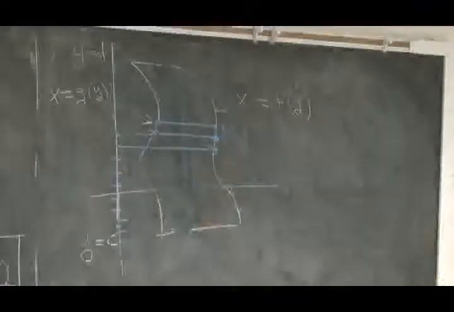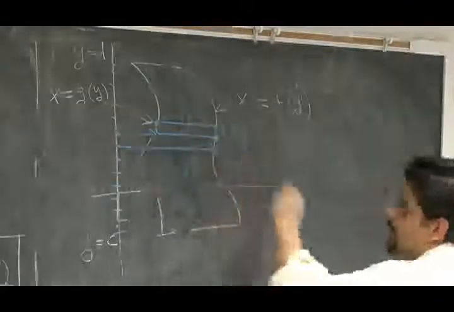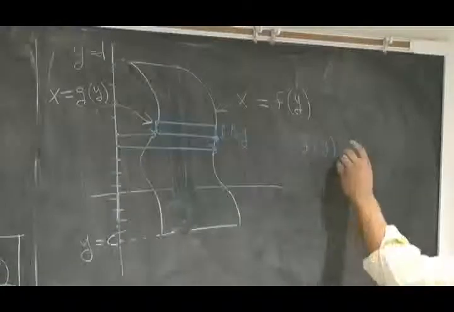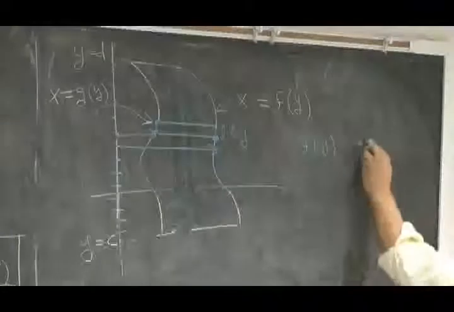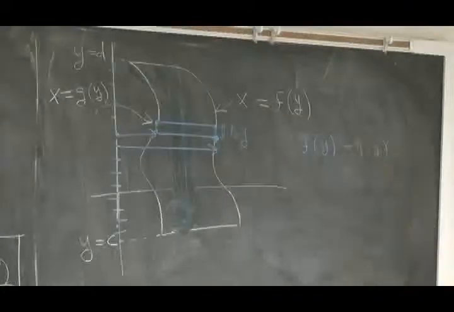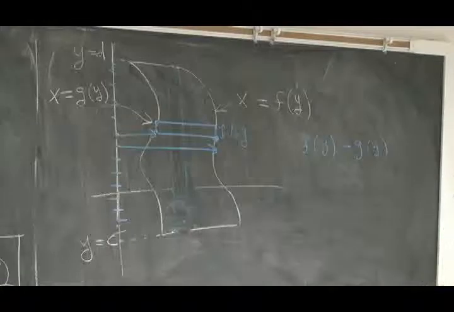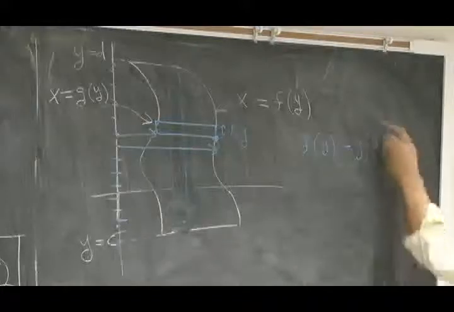Do you agree? Yes? Okay. What's this longer x value? F of y. What is the smaller x value? G of y. And if I subtract them, then I get the length of one rectangle, right? And if I do this for many rectangles, take the limit, I actually have this integral.